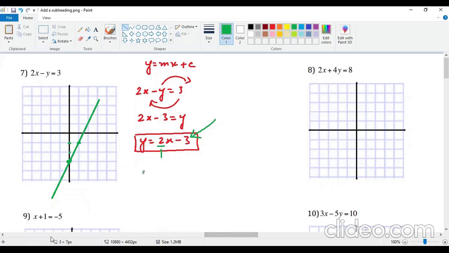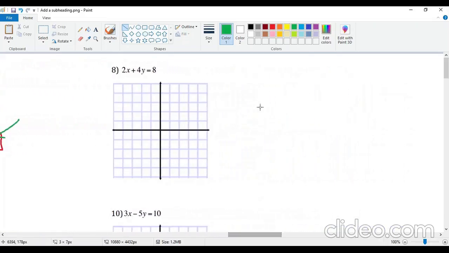When it comes to the next question, you are going to make this one in the standard form: 2x plus 4y equals 8. Now we'll bring this to standard linear equation. 4y equals negative 2x plus 8, so y equals negative 2x over 4 plus 8 over 4.